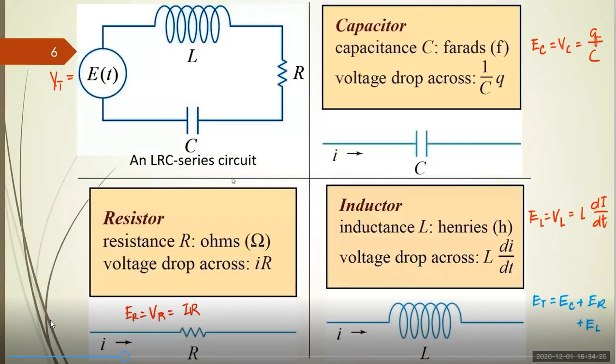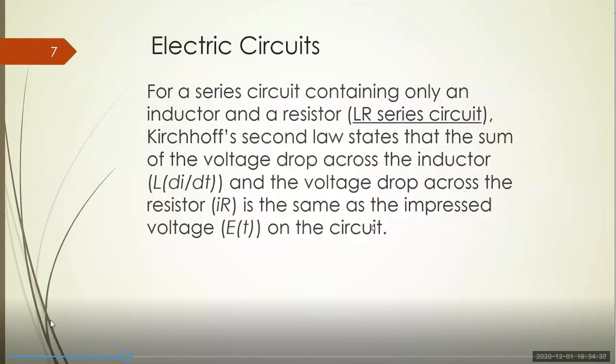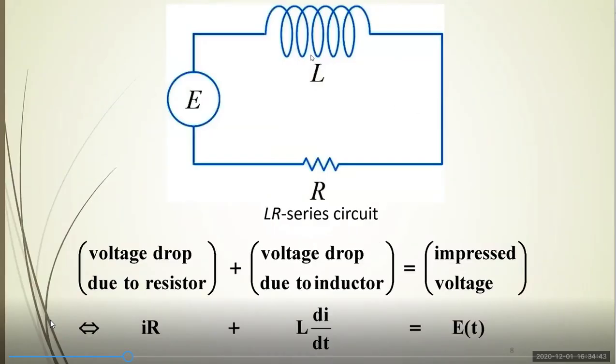So how does this work? Earlier, I showed you an LRC circuit where it's complete, wherein the total voltage drop is EC plus ER plus EL. In this case, it's simply L and R. So the formula would be reduced to this.